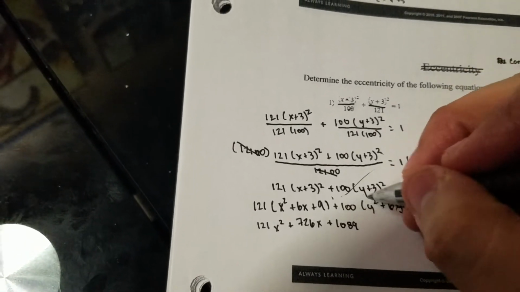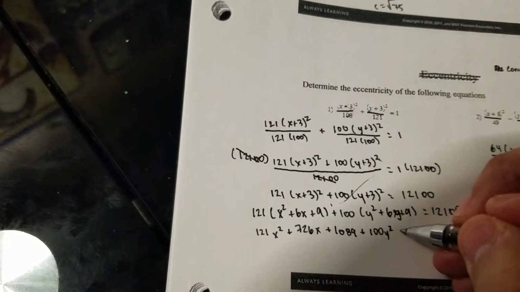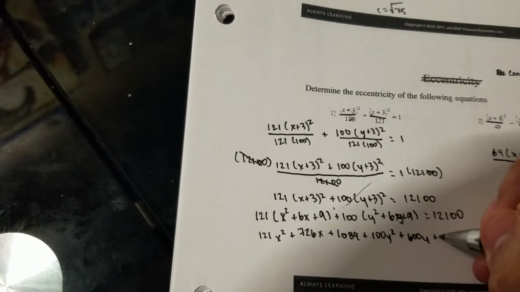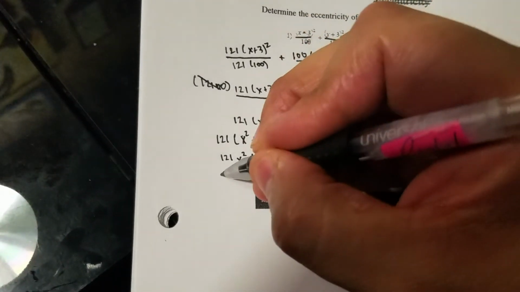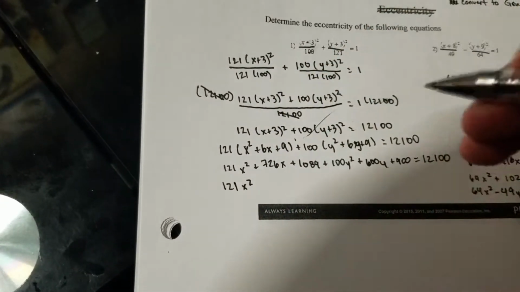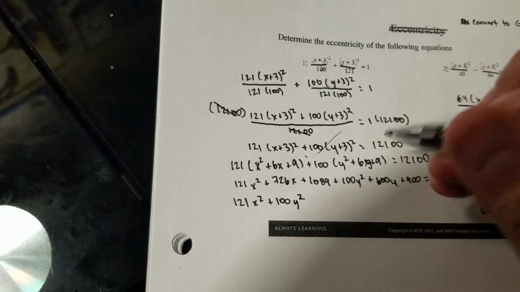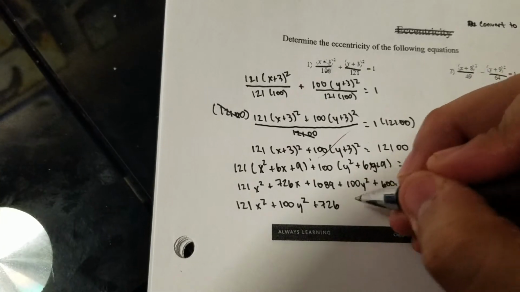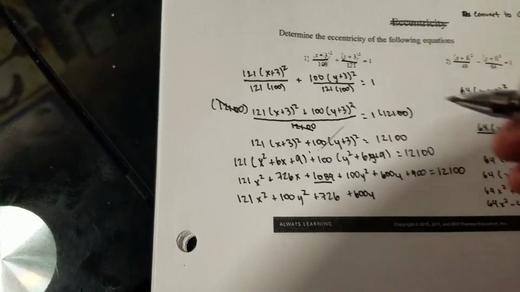Okay, and then I'm going to do the same here. So plus 100y squared plus 600y plus 900 equals 121,000. So I'm going to reorder this. Remember, usually we see it with the x squared terms in the front. Okay, and what I'm going to do is combine like terms.